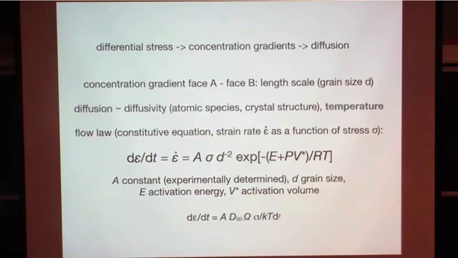And then the flow law or constitutive equation, although I have to say in the end when we do experiments, what we measure is the strain rate, we know the applied stress, we know the temperature, and we can measure the grain size. Then in the end what we have left is this activation energy, right? That's what we determine from the experiments.